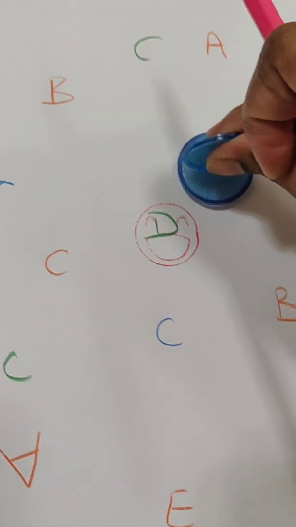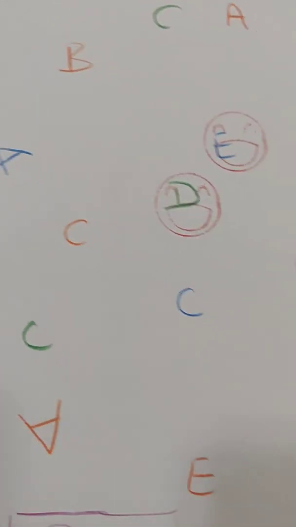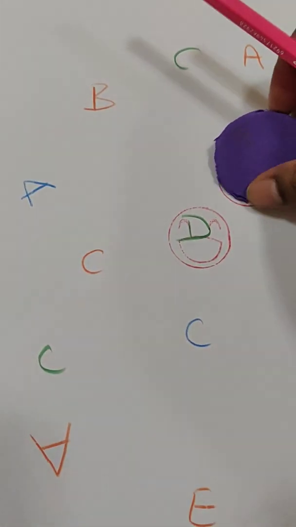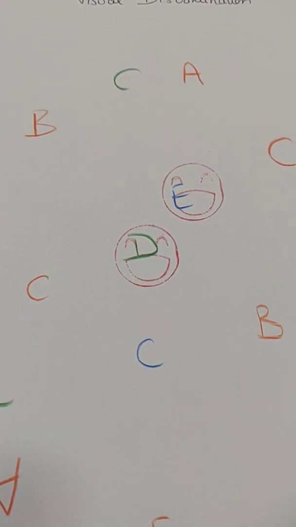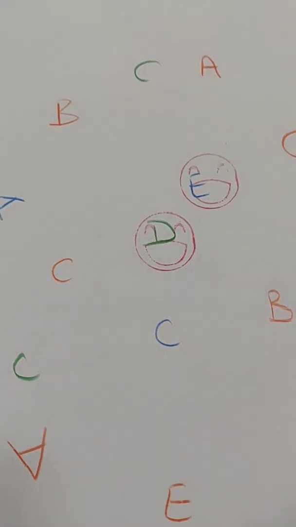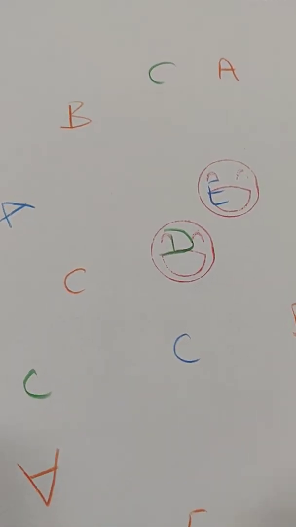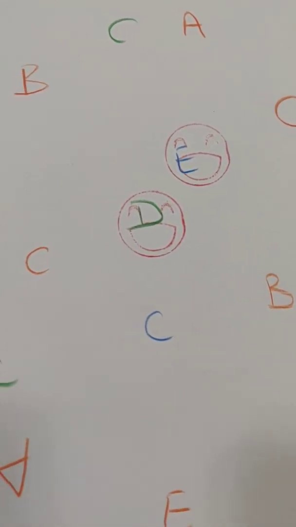So she'll just find the letter and stamp it, or use any manipulative and find it for me. Then you can make it more difficult by adding more letters to it, and also adding colors like I've added over here. By this you are making it more challenging for her to find it.